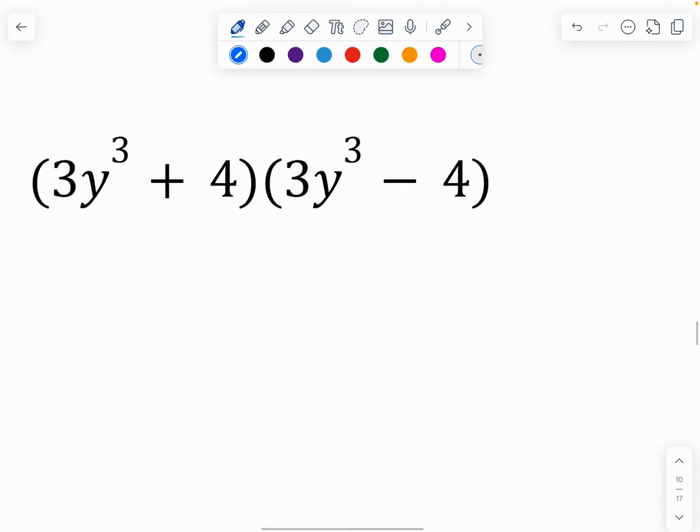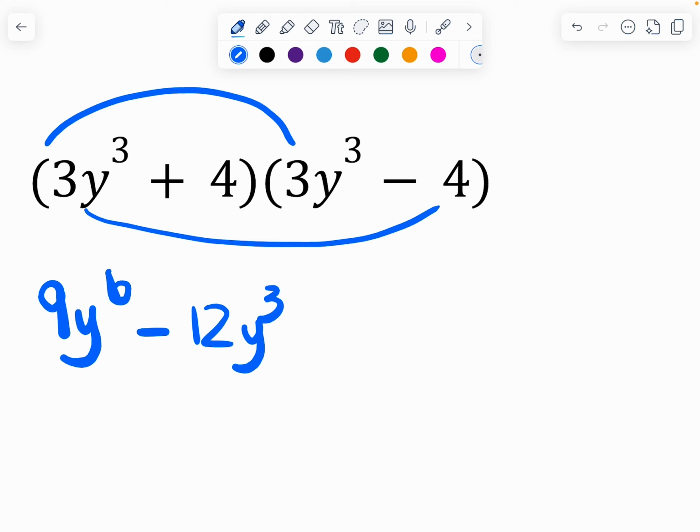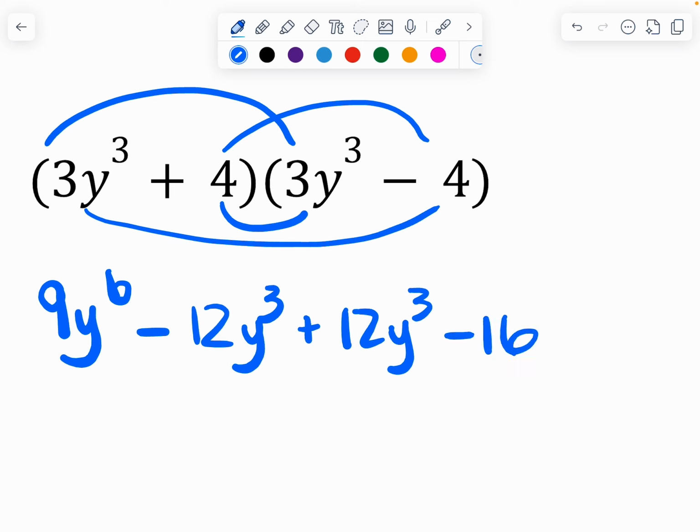So let's do this one. I take these two, and I get 9y to the 6th. Sorry, my pen did something weird. 12y to the 3rd plus 12y to the 3rd, and these two, negative 16. Let's look at this. In the middle, they disappear. So I've got 9y to the 6th minus 16.